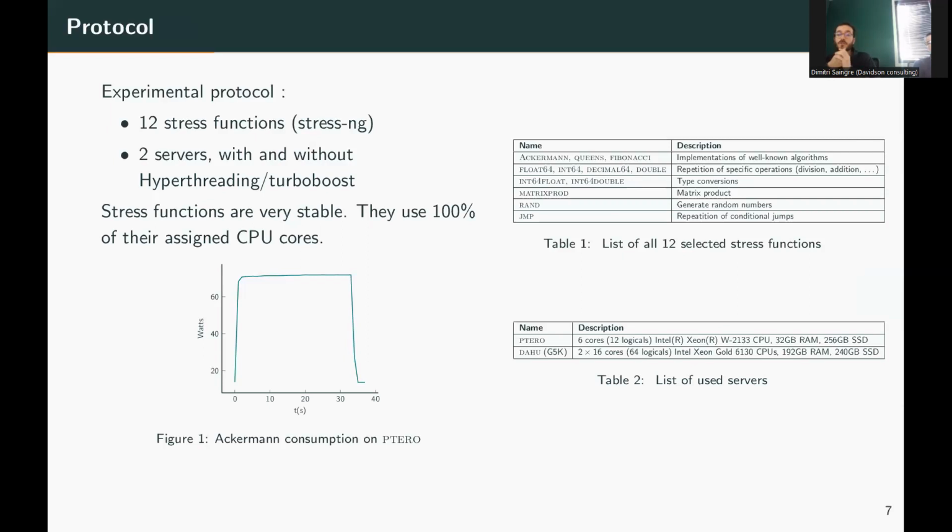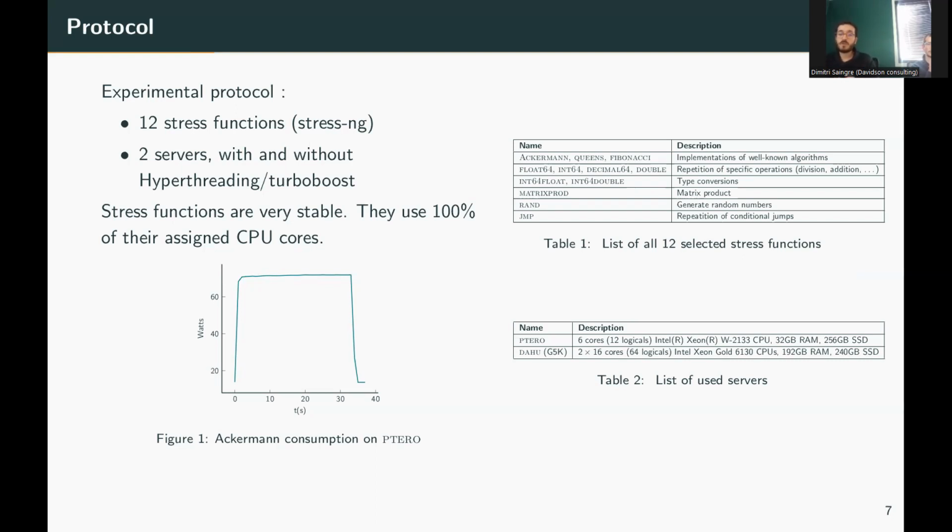So in order to understand a bit more how a server consumes energy for a given load, we conducted experiments using a stress application. Stress applications are small processes that always do the same, very simple thing. We selected 12 functions that are presented here.